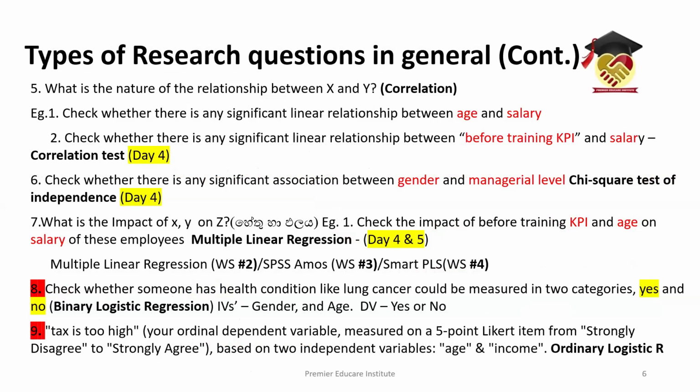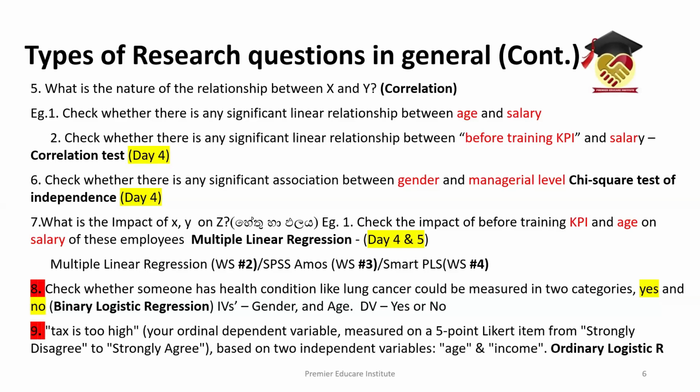So if you come to the number 7, this is a very, very important, right? So you are supposed to assess the impact of one or more variables on your dependent variable. This is a very, very important, up to the PhD level. For example, factors affecting the customer satisfaction of a private bank.